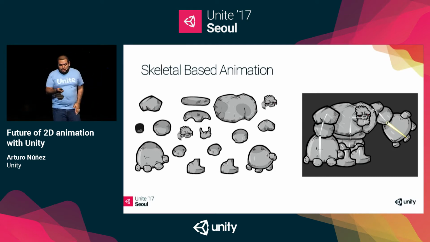As you can see in the example there, from those cut-out pieces, we generate a character like that one, and then we tie the skeleton, the bones, sorry, to each one of those images.